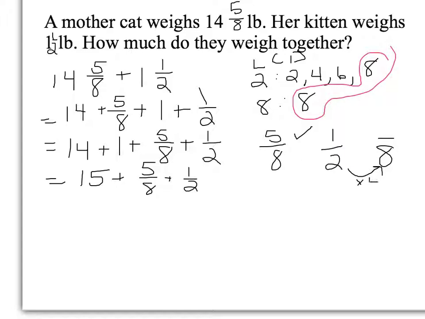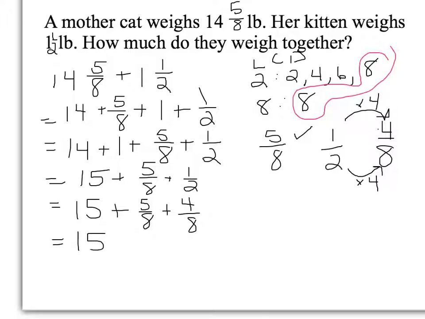It's going to be times 4. Whatever we do to the denominator, we also have to do to the numerator. So we have 1 times 4, and 1 times 4 is 4. Now we're done. And we can replace them back in our equation. 15 plus 5/8 plus 4/8.